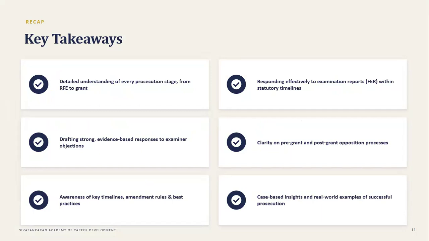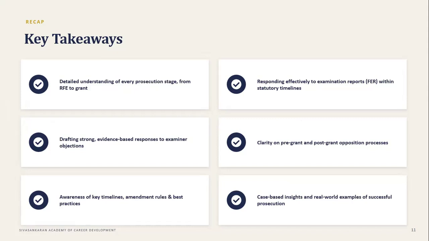Let us now summarize the important learning outcomes from today's session. First, we have understood the complete prosecution journey, beginning with the request for examination and progressing towards grant. Second, we have examined how to respond effectively to the first examination report within the applicable statutory timelines.